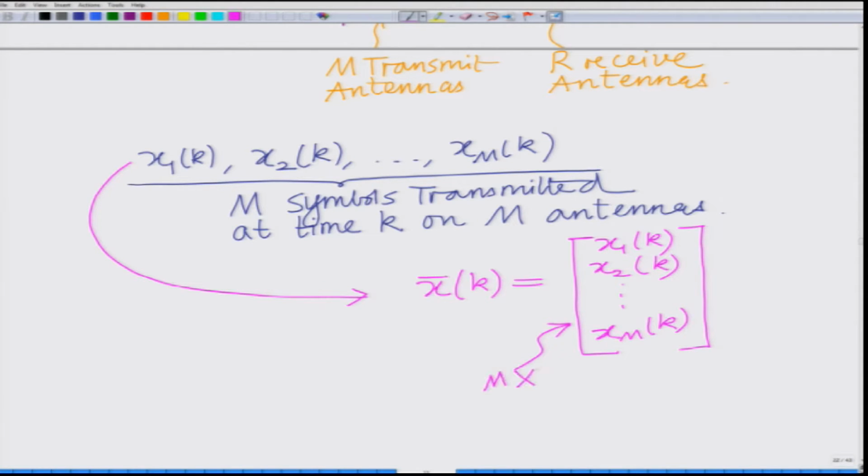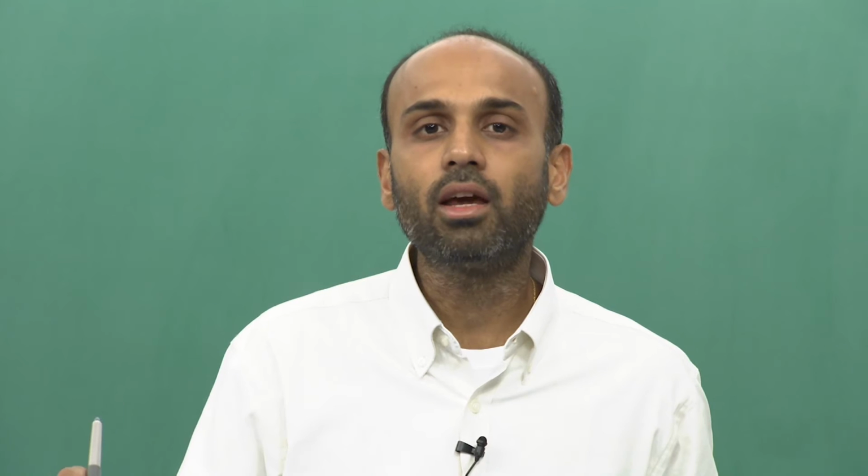This is your m cross 1 vector, the same as the m cross 1 input vector that we have seen previously. So x1k, x2k, xmk are the m symbols transmitted from the m transmit antennas. Naturally, y1k, y2k, yrk are the r received symbols on the r receive antennas.